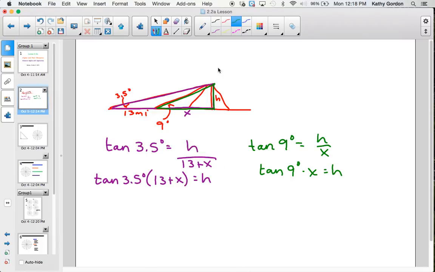So if we go tangent 3.5 degrees times 13 plus x is supposed to be equal to h, but h is also equal to tangent of 9 times x.